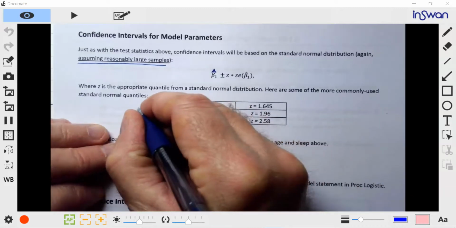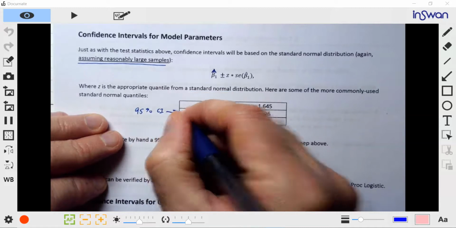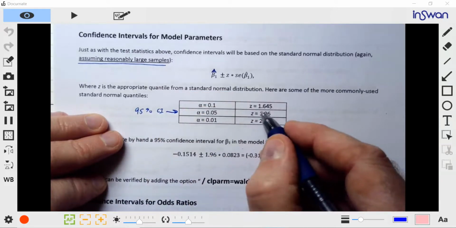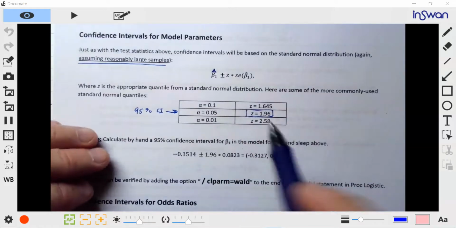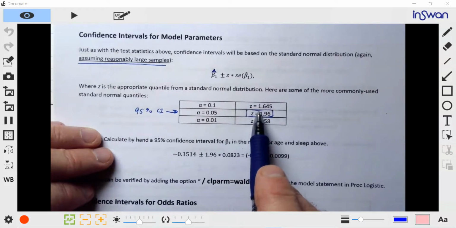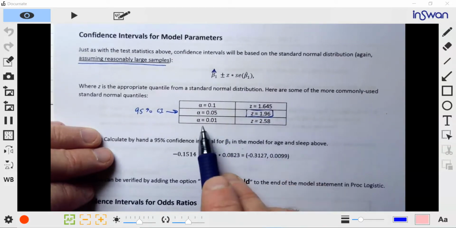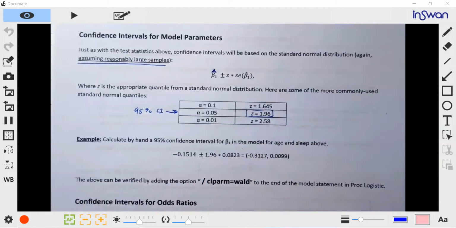Of course, if you want a 95% confidence interval, that means alpha is equal to 0.05, so we'd use 1.96 as kind of the magic number. But we can also ask for 90% confidence intervals, in which case we'd use 1.645 for z in our formula. And we could also ask for 99% confidence intervals, in which case we'd use 2.58.